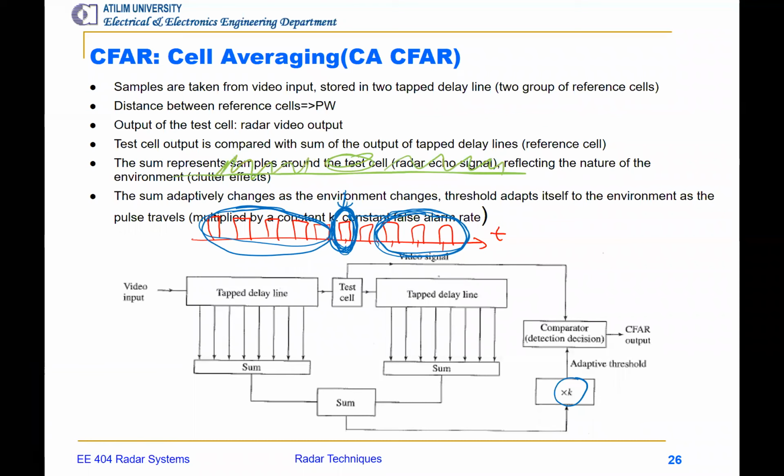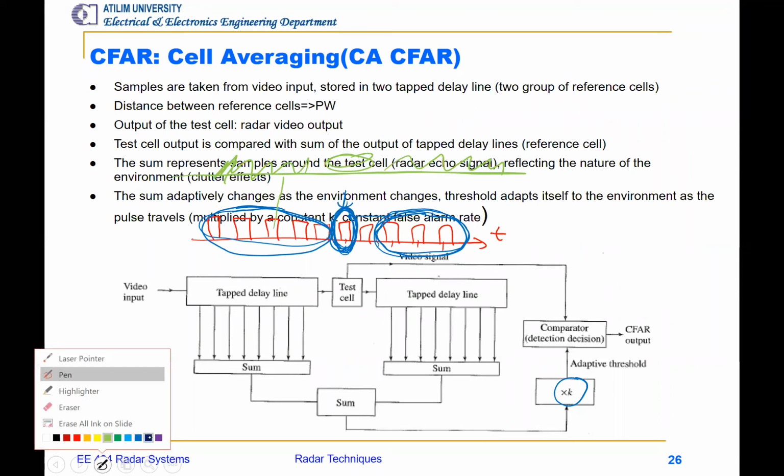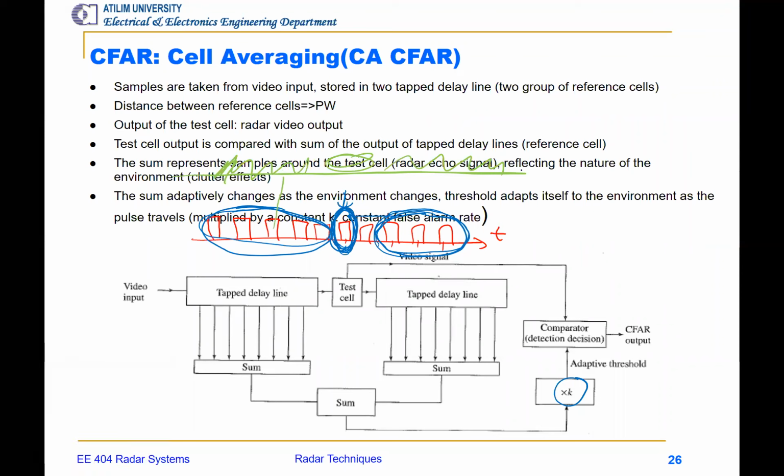Each pulse here corresponds to an echo signal, to a distance r. Let's say here, here, here, here. So here is my target, and here we have some objects, clutter.